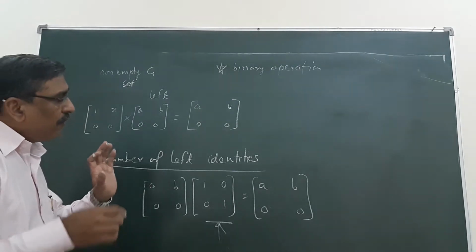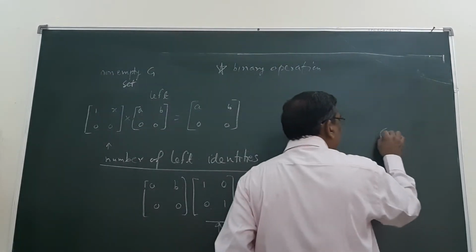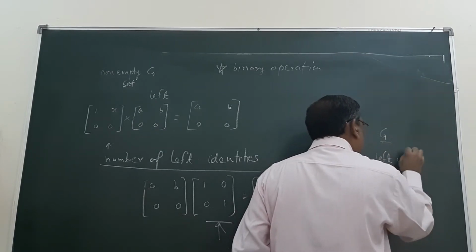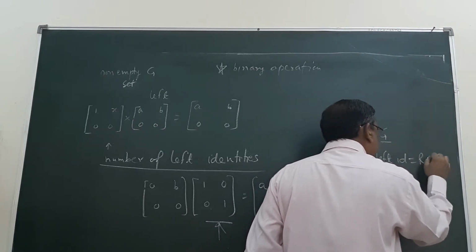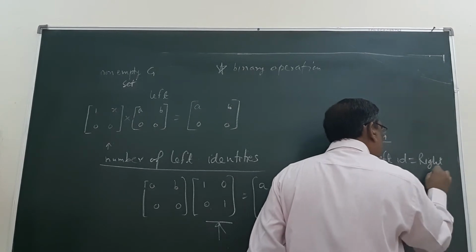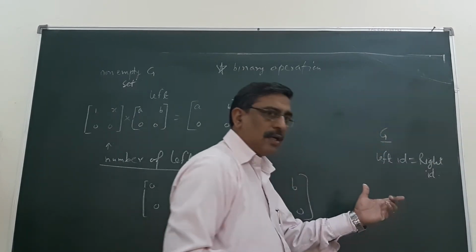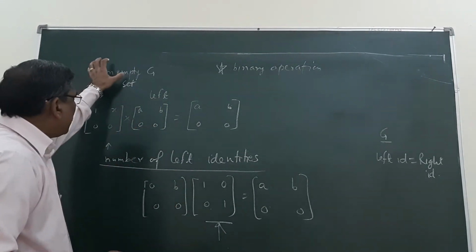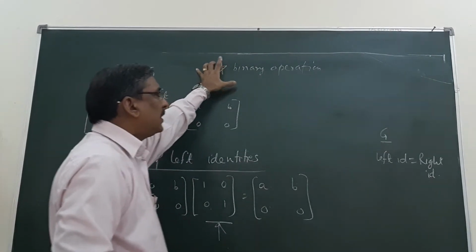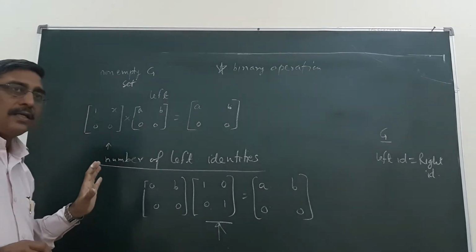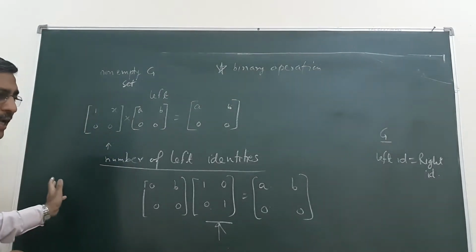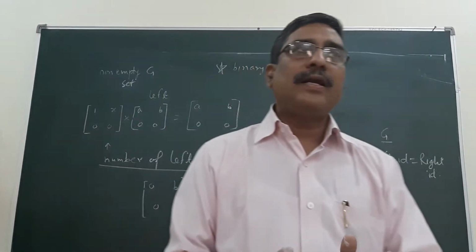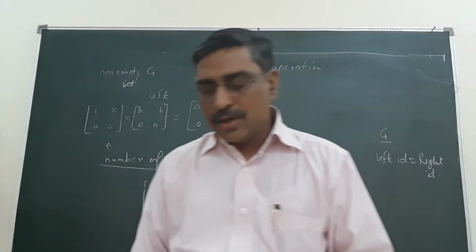So if we are given a group, in a group the left identity is always equal to the right identity. But if it is not a group, it is simply a non-empty set along with a binary operation, then a number of left identities may exist, a number of right identities may exist, but a left identity may or may not be equal to a right identity.